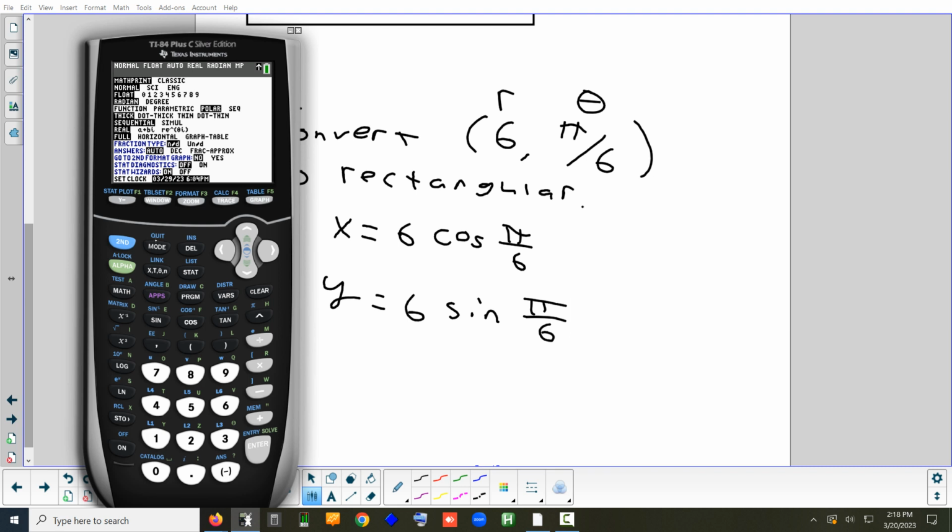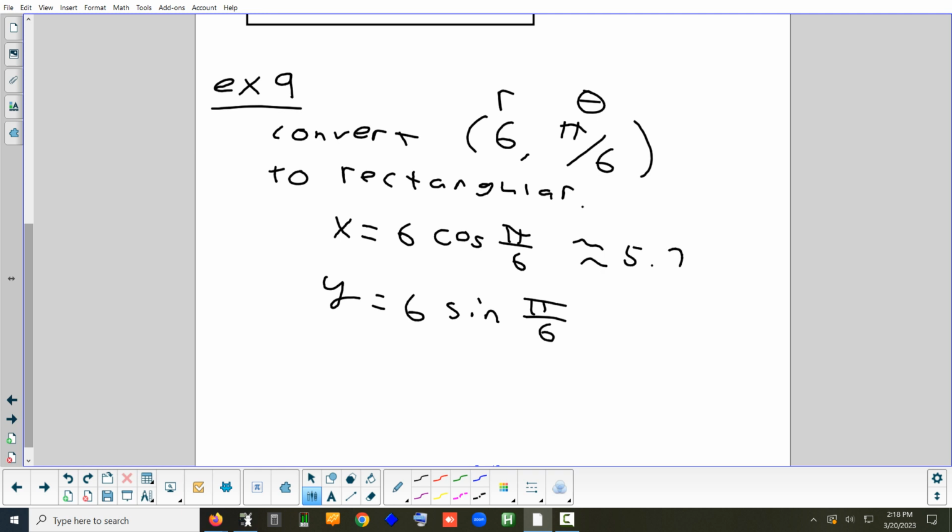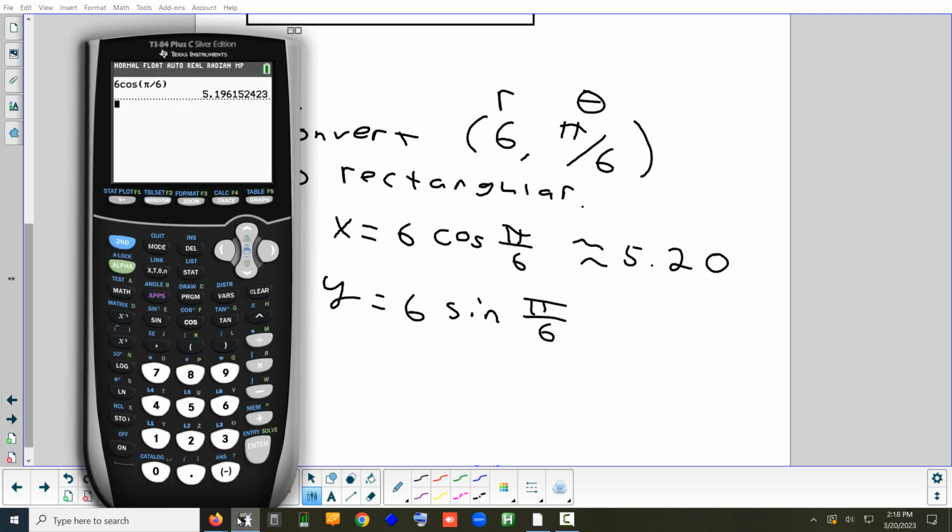All right, so I'm in radians. I typed in 6 cosine pi over 6. And I get the number about 5.20. And when I do the bottom one, 6 sine pi over 6, I get 3.